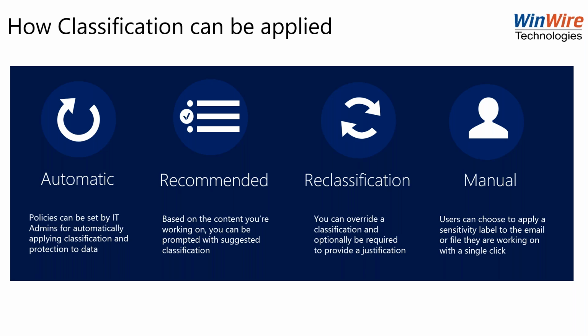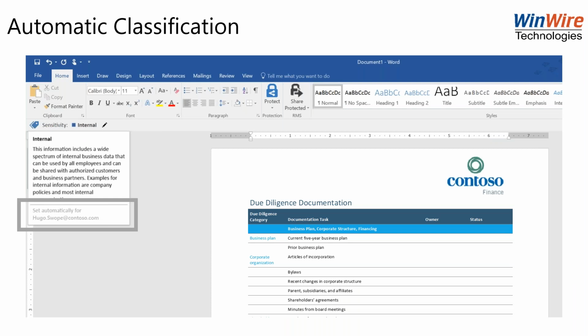So this is the automatic classification based on the data available. The data gets classified automatically. Right? So it looks for certain keywords and certain rules, and based on that, it automatically set the sensitivity of the information as internal. Then this is the recommended classification.